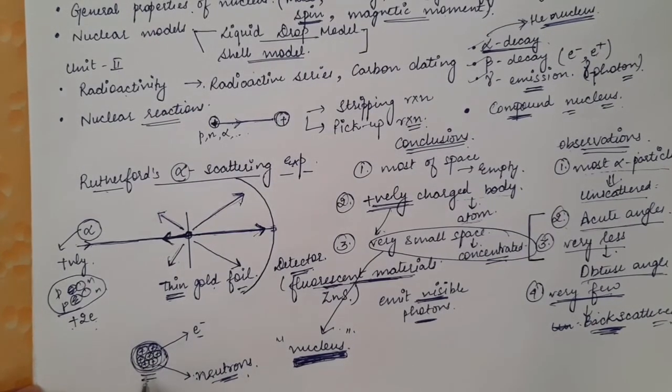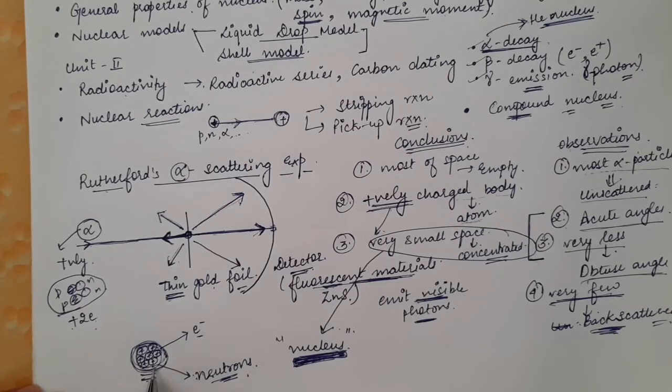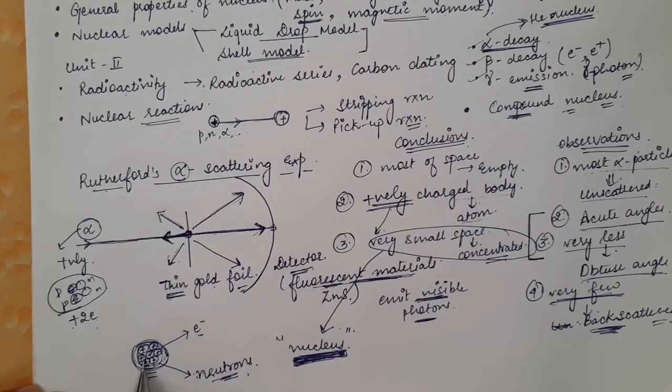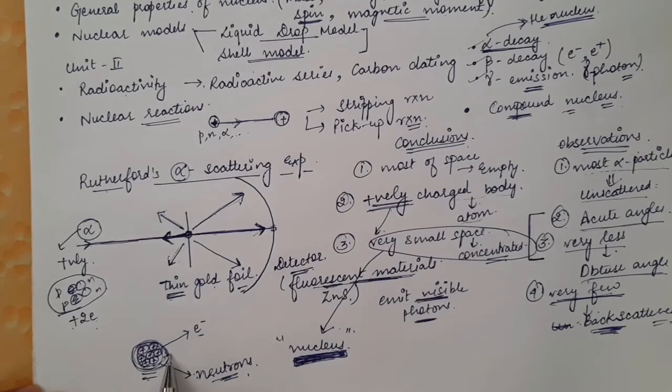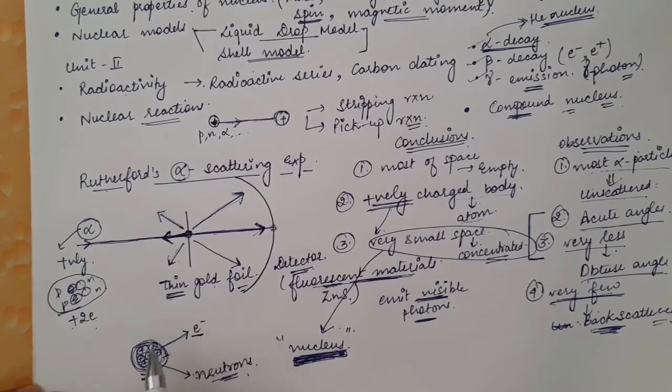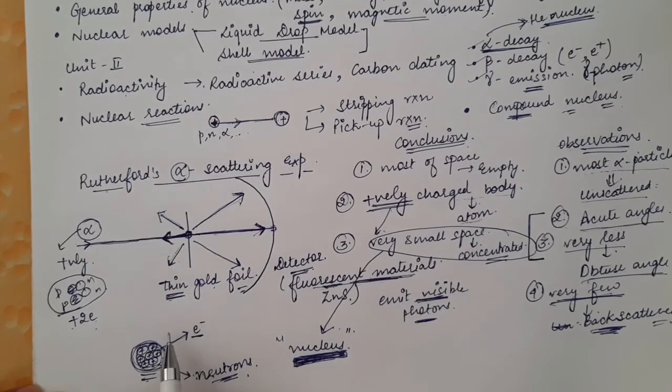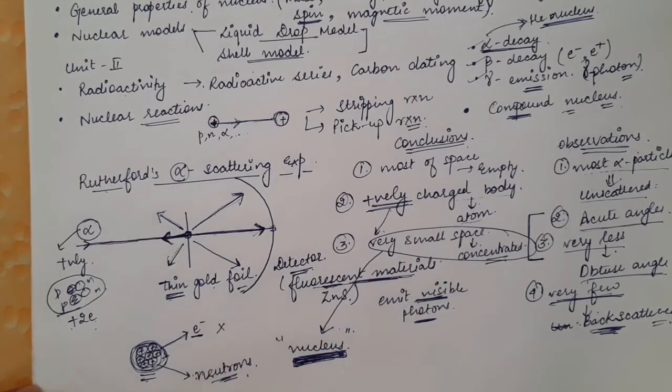So there are some other particles also present with the protons, the positively charged particles, inside the nucleus. To explain what else was present in the nucleus, 2 main theories were proposed. First was the proton-electron theory, that is, with the positively charged protons there are electrons present, which was rejected.